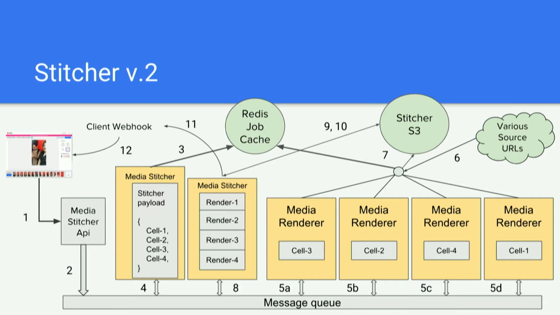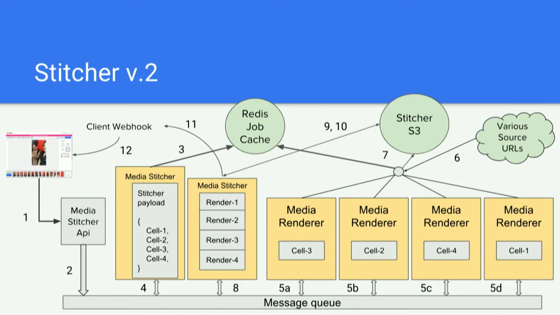So in steps 9 and 10, that's showing Stitcher pulling down all of those individual pieces and stitching them together. And this is where ffmpeg does a tremendous job as well, joining that type of content together very quickly. And then it pushes the finished assembled content back to S3.